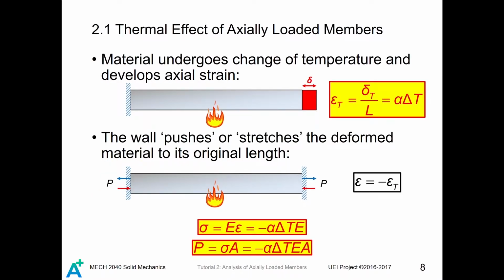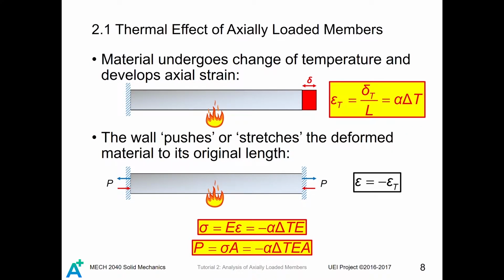Consider the case of heating. It is rather similar to cooling, but if we understand this case, then we can extend our knowledge to the cooling concepts. So consider this bar is being heated, and there will be positive axial strain, the thermal axial strain.